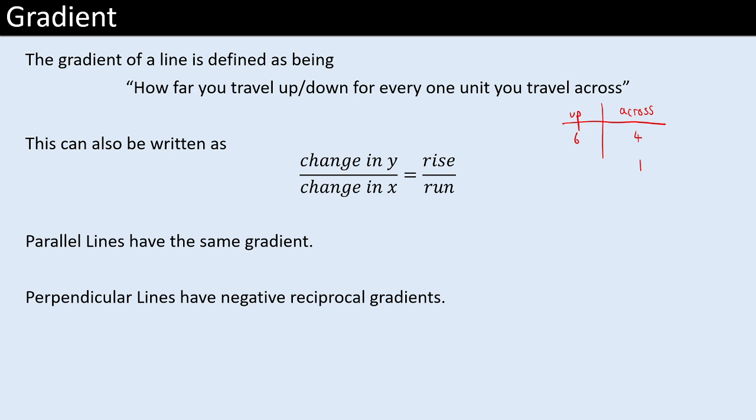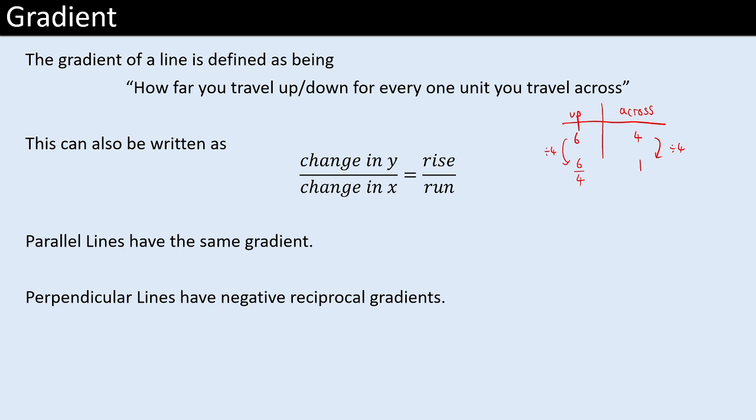I would need to know how many I'd need to go up for every 1 unit I go across. Okay, so going from 4 to 1, we would have to divide by 4. We'd have to divide by 4 over here, so that would be our actual gradient. Because for 1 unit we're going across, we'd have to go up by 6 over 4, or like 1.5 even.